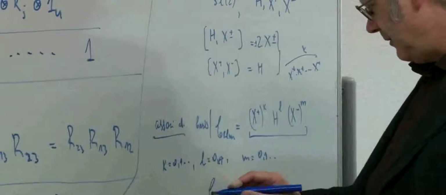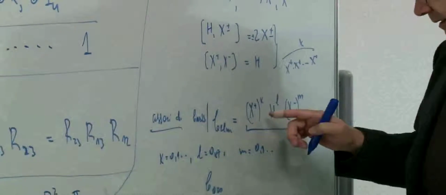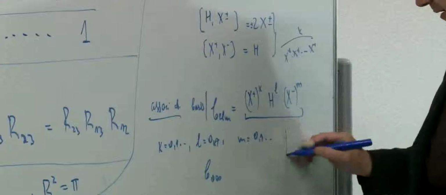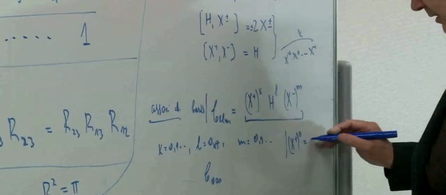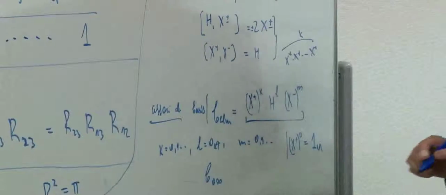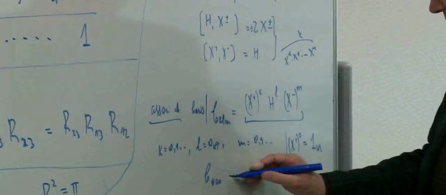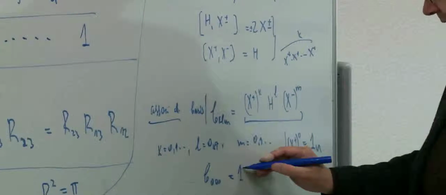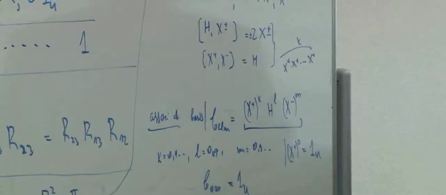And what happens if I put 0, 0, 0? The convention is that any generator in 0 degree is the unit element. So B_000 is the unit element. So in a sense, this basis incorporates the unit element.